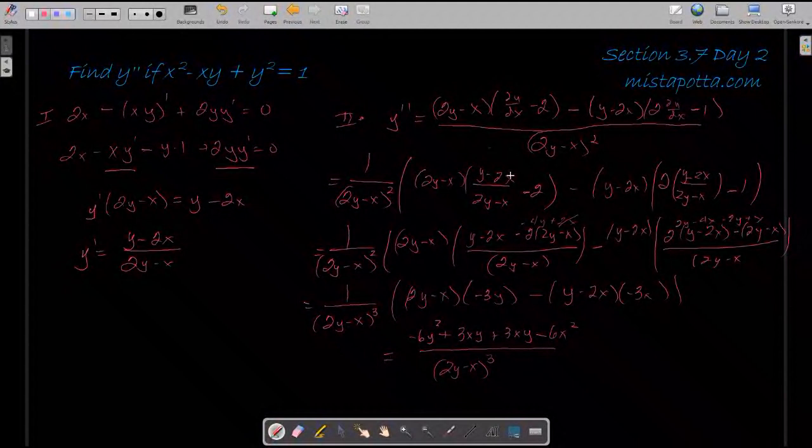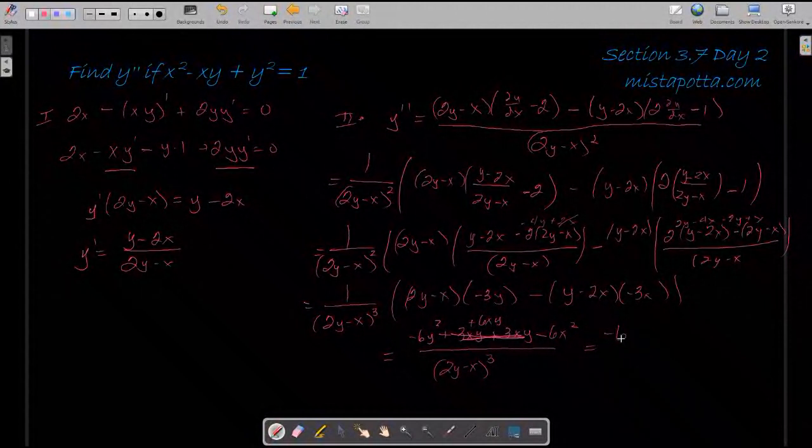And of course, I see that this 3xy and this 3xy is really going to be a positive 6xy. And I see that I can factor a negative 6 out.